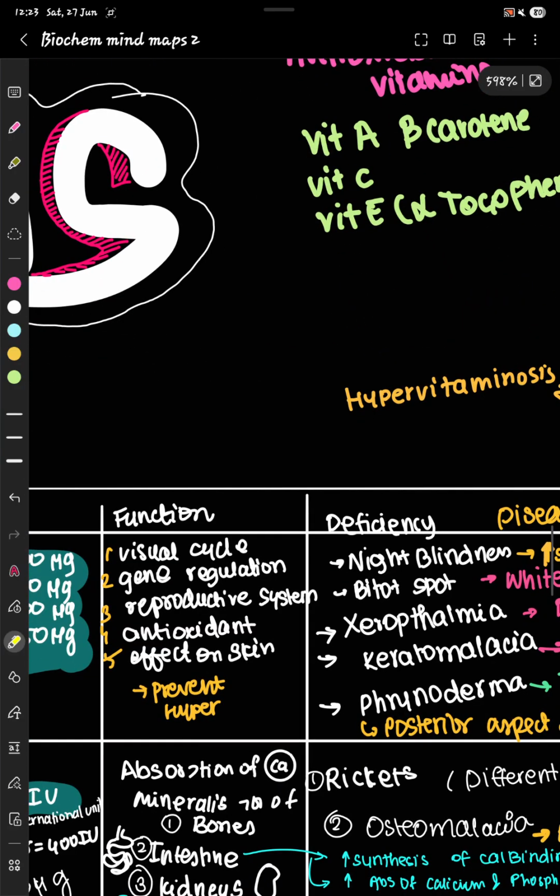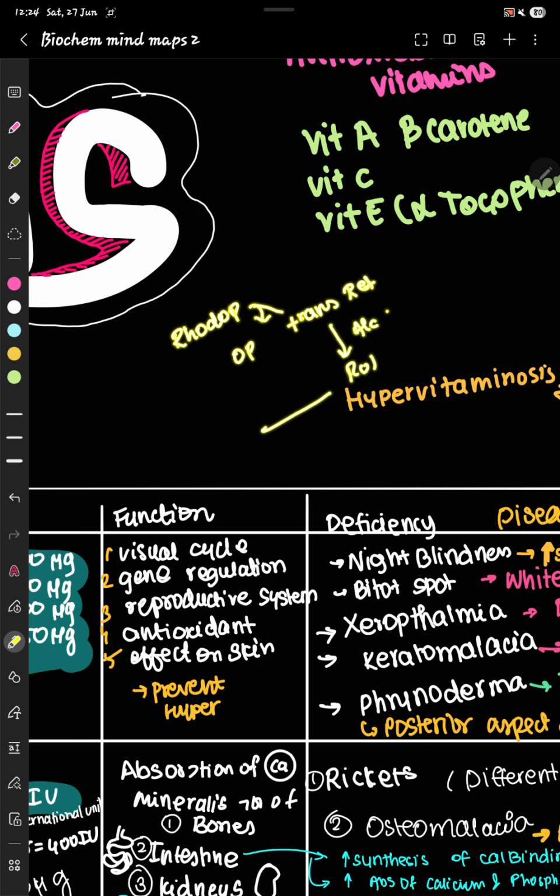Functions of vitamin A are the visual cycle. The visual cycle that we read, where rhodopsin is converted into opsin and 11-trans-retinal. This retinol is converted into retinal with the help of alcohol dehydrogenase enzyme, and this occurs in the retina and this occurs in the liver.